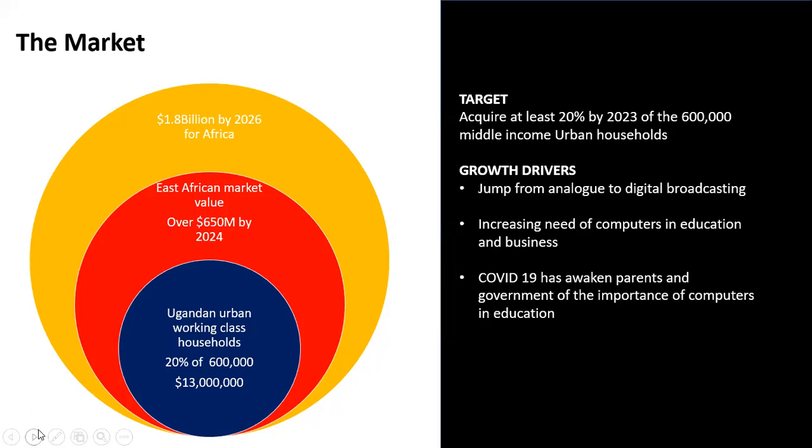What's 20% of 600,000? That's 20 and 60. Okay, that comes to about 120. So they're targeting 120,000 households. Now, some of you are asking yourself, how does he come up with this money?